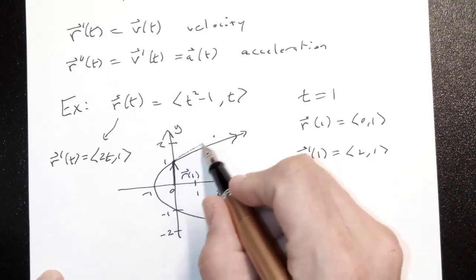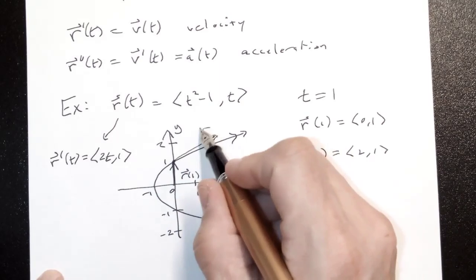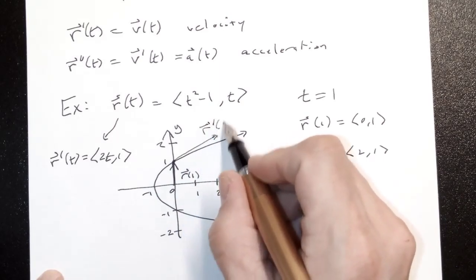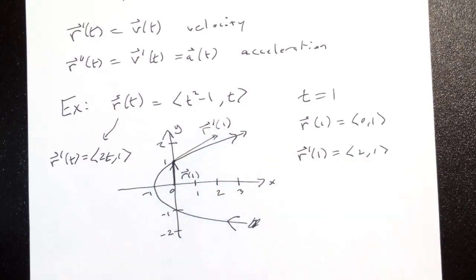From here, there is r prime of 1. That's a tangent vector. It's not a unit tangent vector, but it's a tangent vector, yes? I know it's not a unit tangent because it's longer than 1.